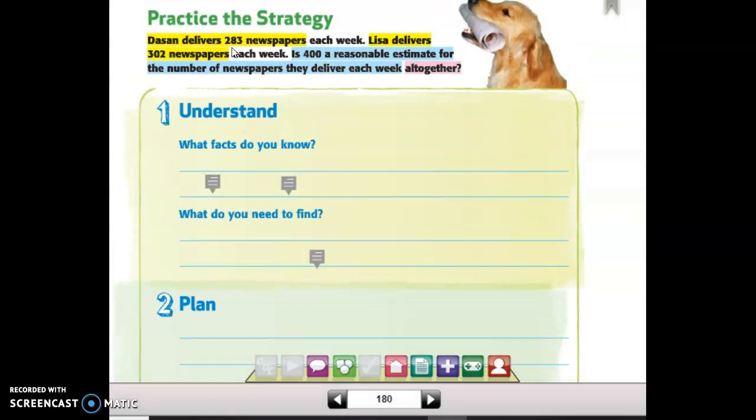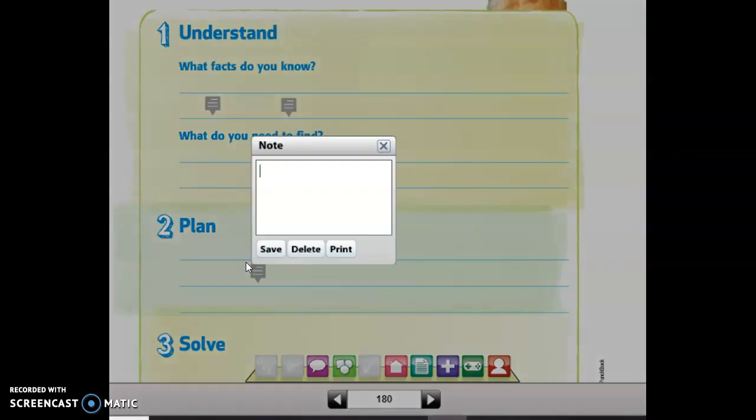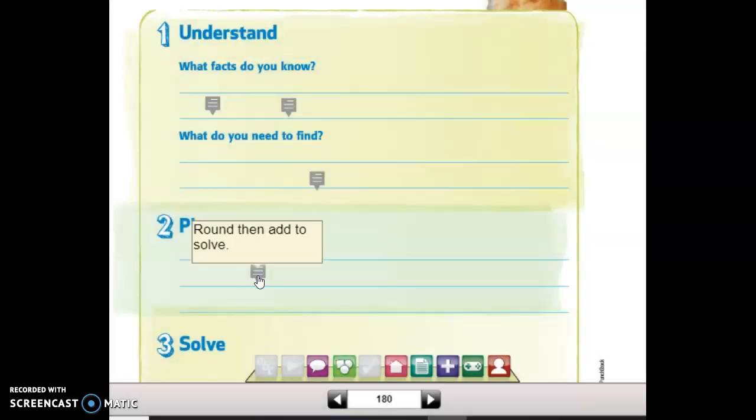In order to find this, we are going to need to find all together, and all together is the key word for adding. So we're going to round, then add to solve. Okay, round, then add to solve.